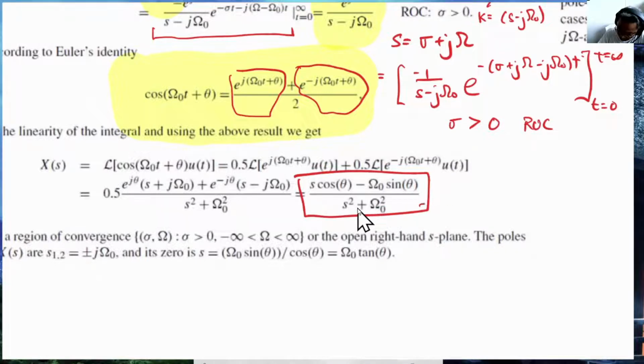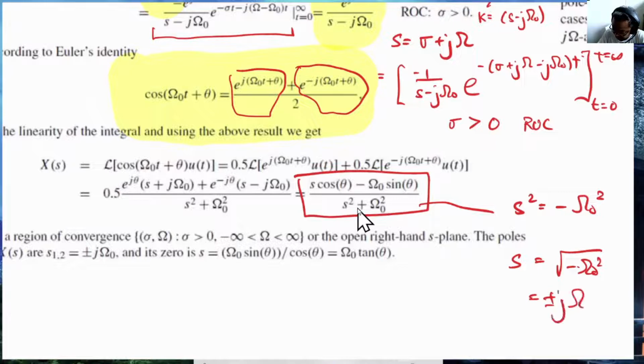So for the poles, s squared equals minus omega naught squared, so s equals the square root of minus omega naught squared, which equals plus or minus j omega naught. So the poles are sitting on the j omega axis with real value 0, at plus and minus j omega naught.